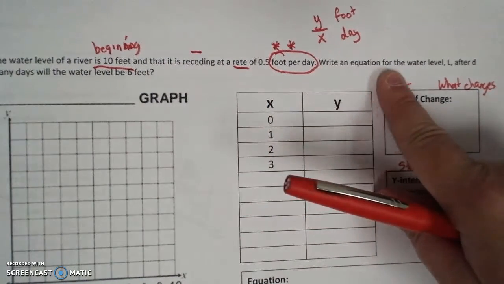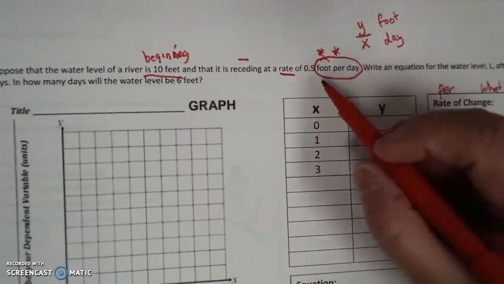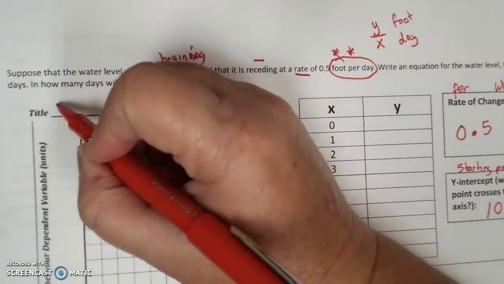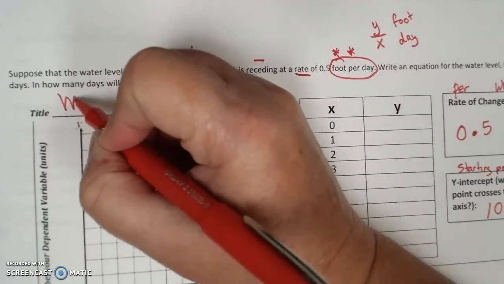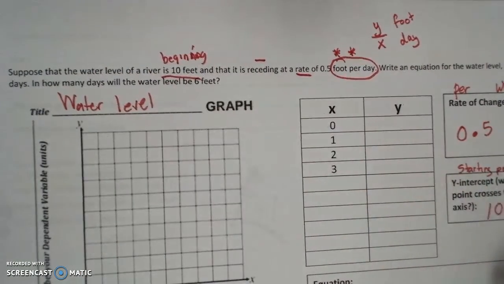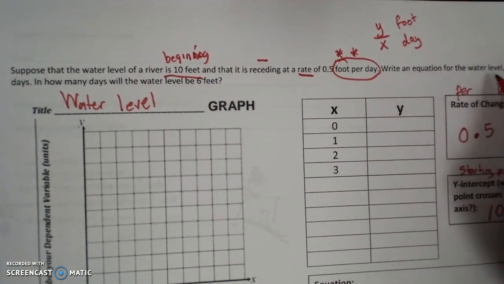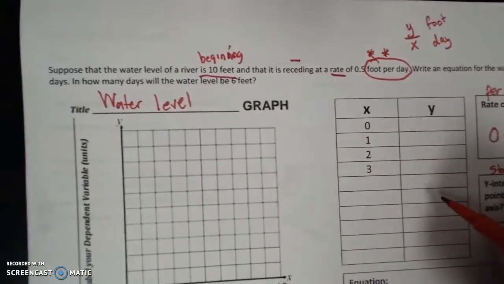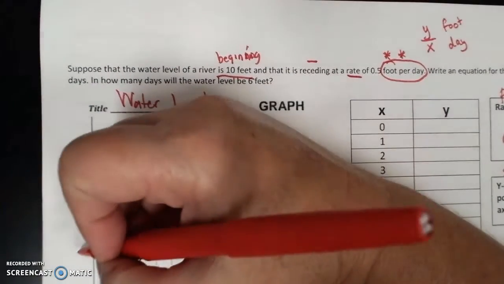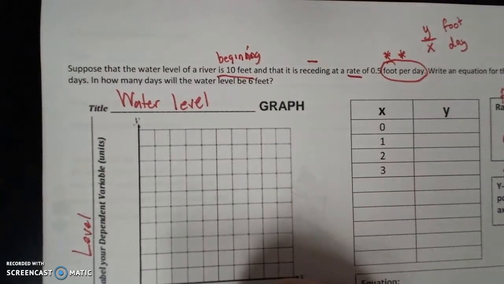It says write an equation for the water level. Also, this is water level. Gave me my title. And it said equation after D days. So this is level, and this is feet.